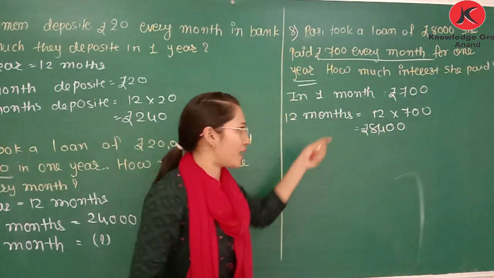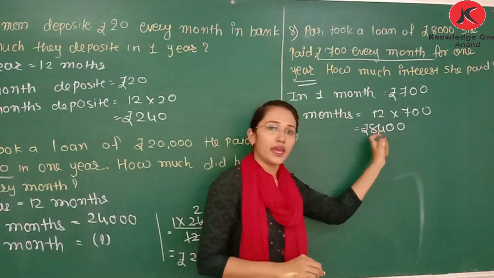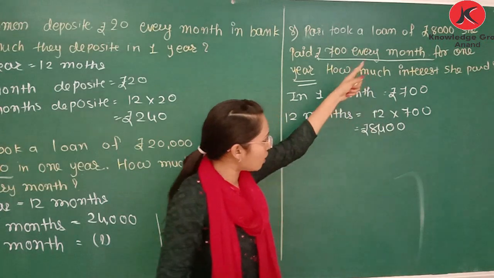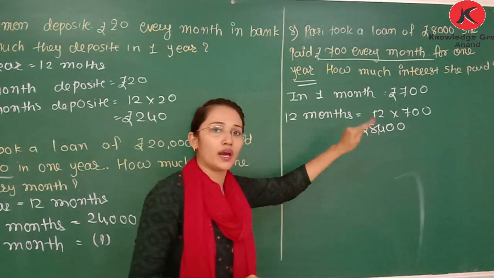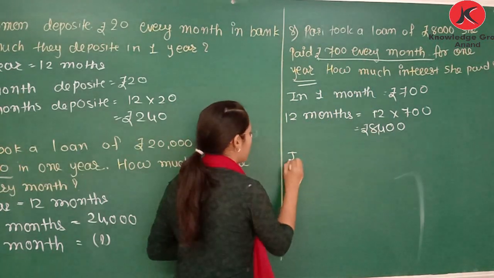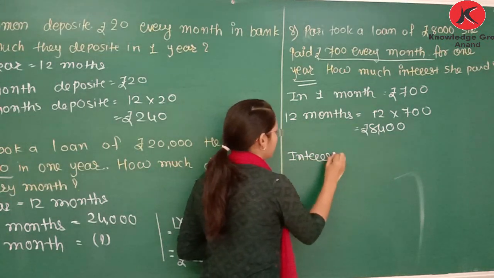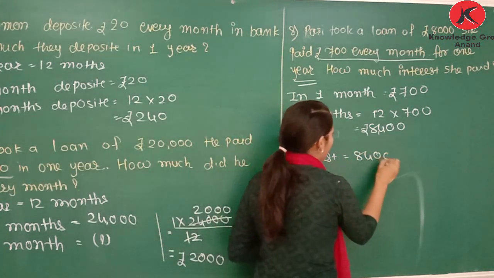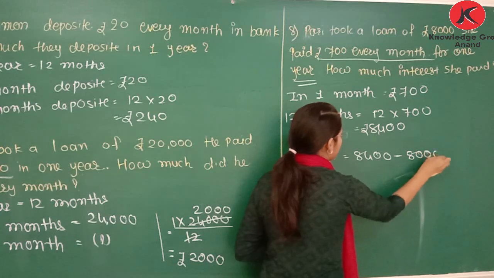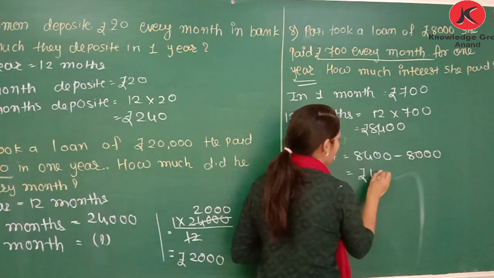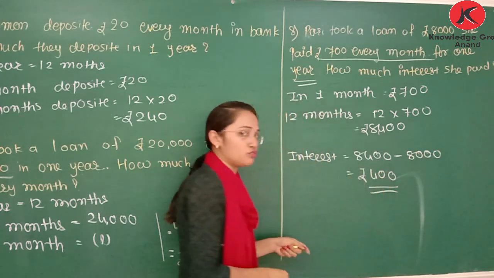It means in 12 months she paid 8,400. She took 8,000 and paid 8,400. What is the interest? Interest will be 8,400 minus 8,000 that is rupees 400. Clear? This is called interest.